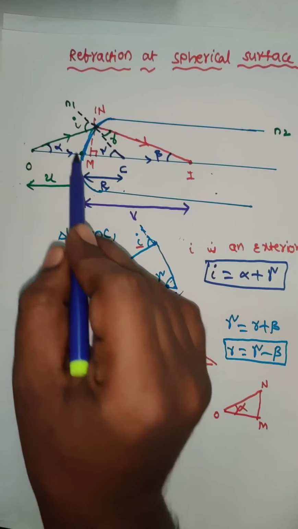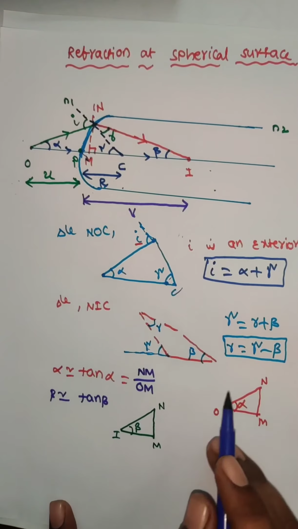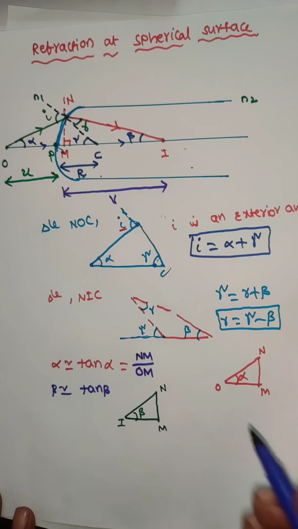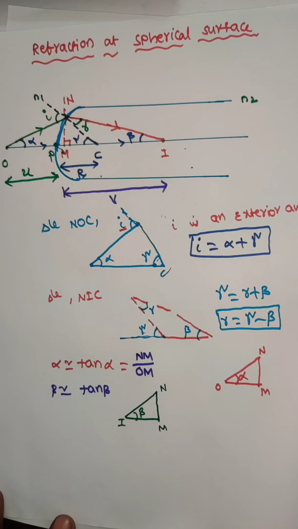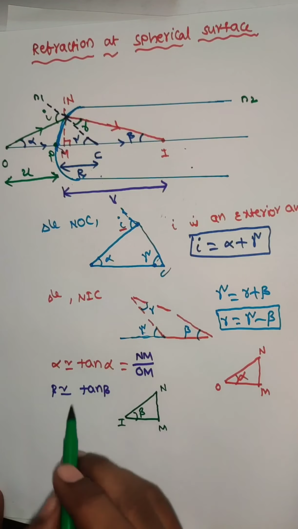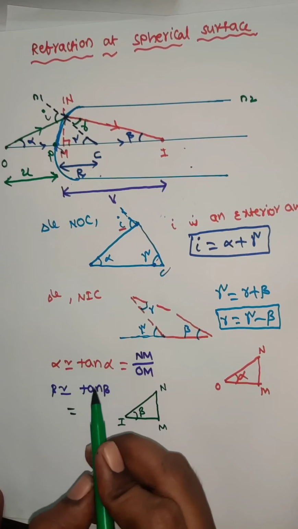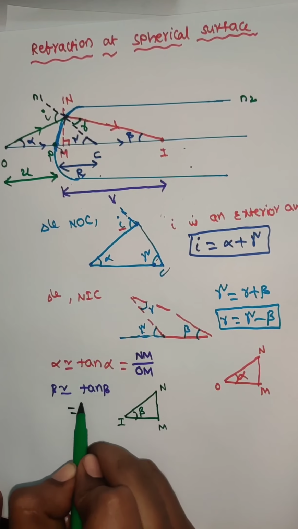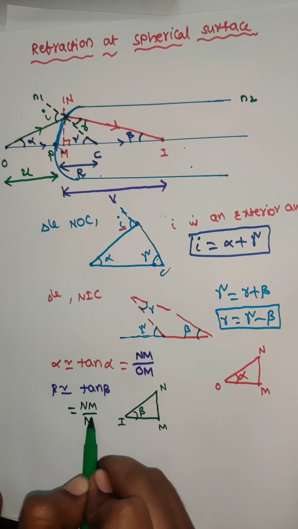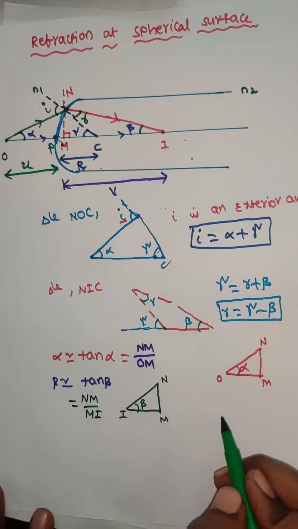If we take the triangle MNI, you can write tan beta is equal to NM by MI.